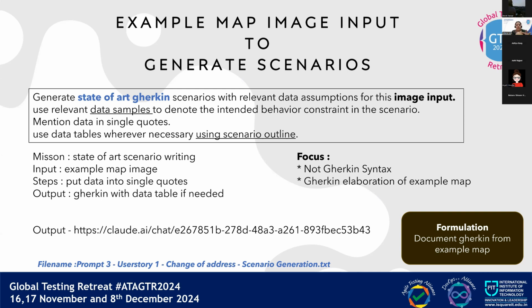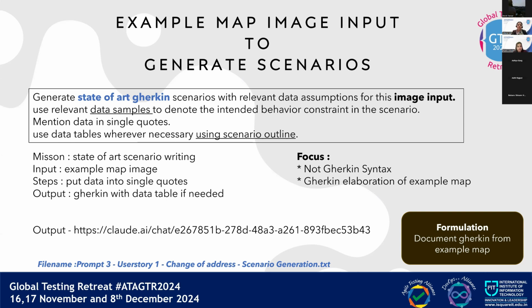In the previous prompt, we generated that image. We'll give it as an image input to the next prompt. I want the GenAI engine to generate a state-of-the-art Gherkin scenario with relevant data assumptions with image input, because the behavioral boundaries are already put in the image.